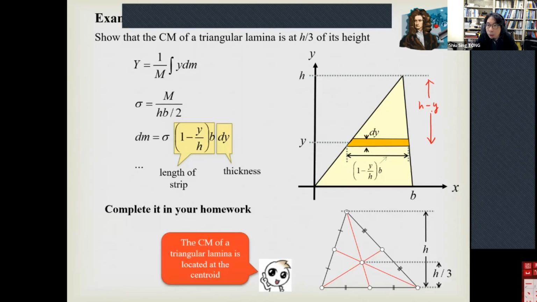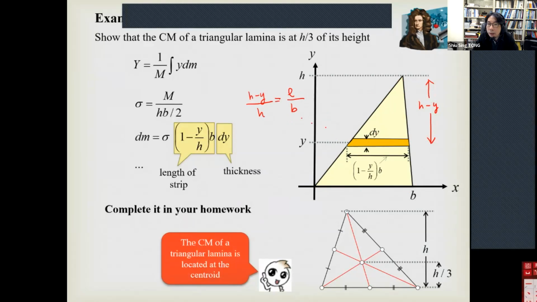So by similar triangles, you have h minus y, the height of the small triangle, divided by the height of the big triangle, which is h, equal to the length you want to find, divided by the base of the large triangle, which is b. The length you want to find is actually the base of the small triangle.